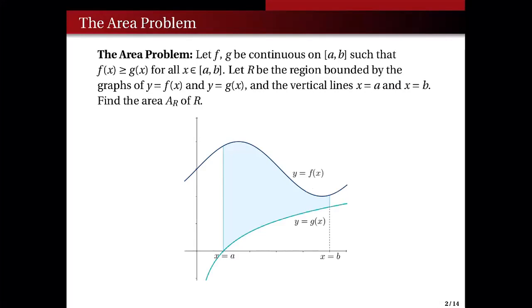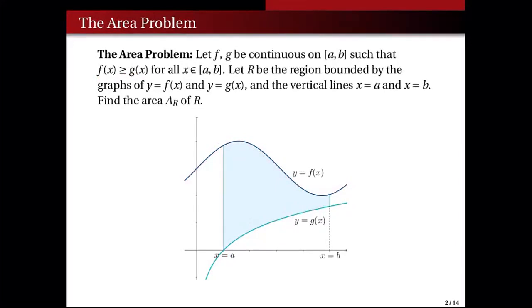So for example, in here, this guy here is your function g of x, and this guy here is your function f of x. As you can see, when we say that f of x is greater than or equal to g of x, the graph of f of x is above the graph of g of x.